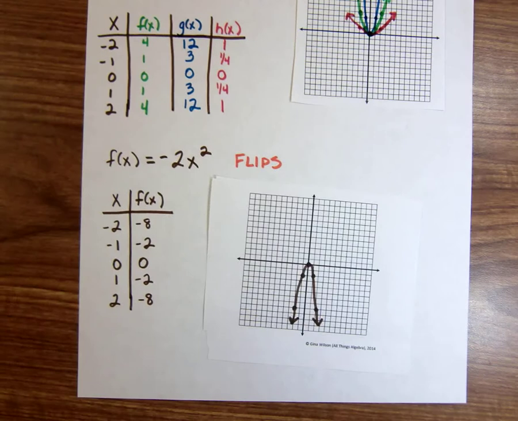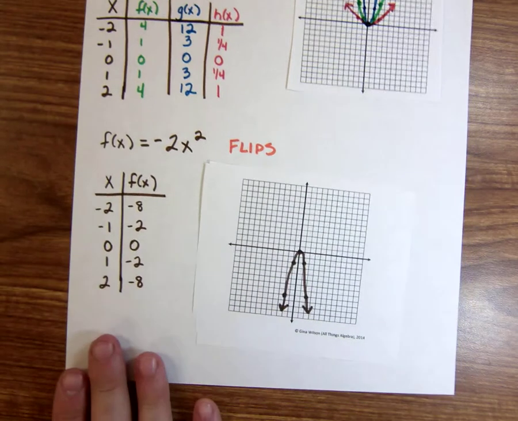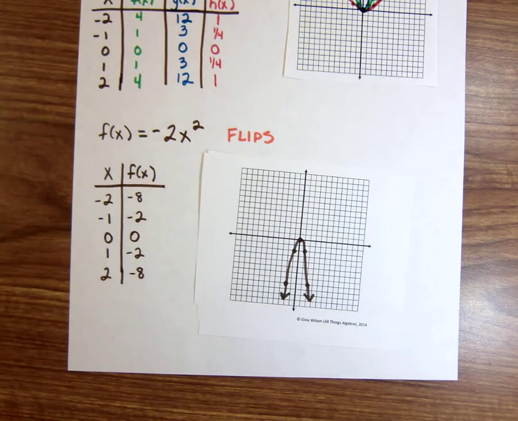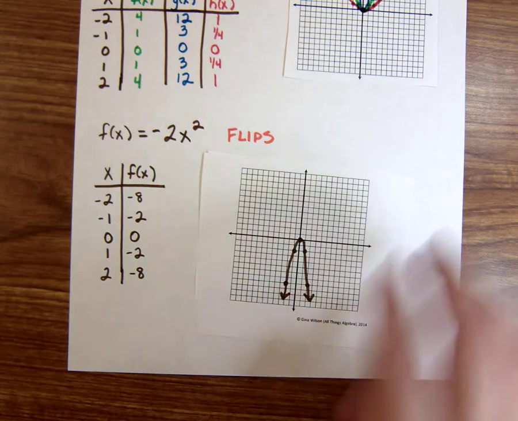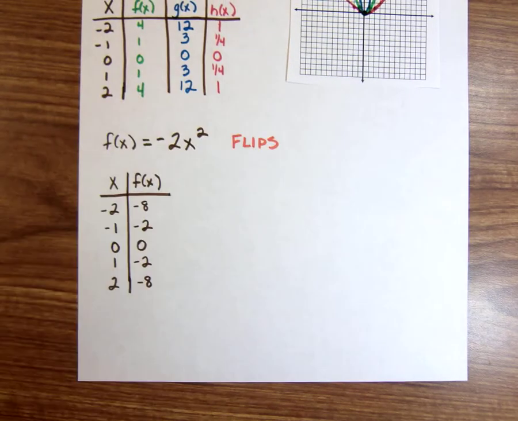This one actually flips, and it's got the 2 in front, so not only does it flip, it... Is that what the 2 in front does? No, it's narrow. It's narrower. Good. So it's narrower than the parent function, and also it's upside down.